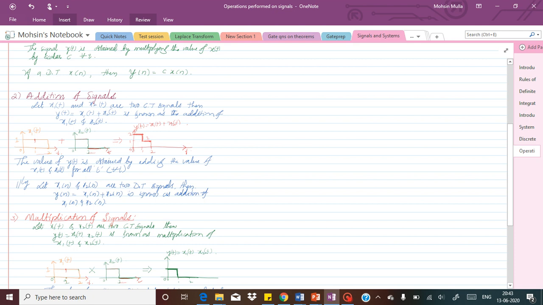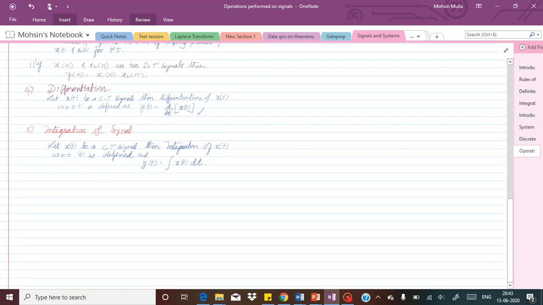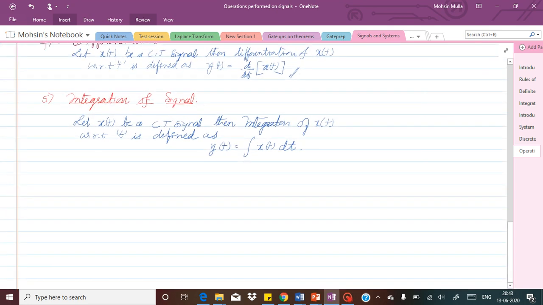Okay, so let us try to understand the same thing with the help of an example here.